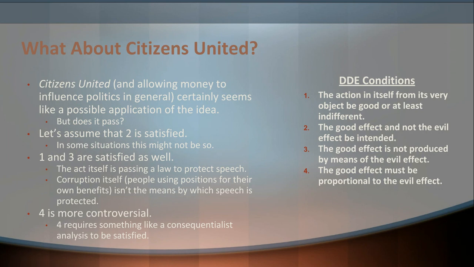And so speech is protected by removing regulations or limitations on how money is spent during elections by corporations. And so it's not using corruption, it's not using the influence of money in politics to protect free speech. Instead, the thing that's trying to produce that would be removing the actual legal restrictions that were preventing some speakers from speaking.